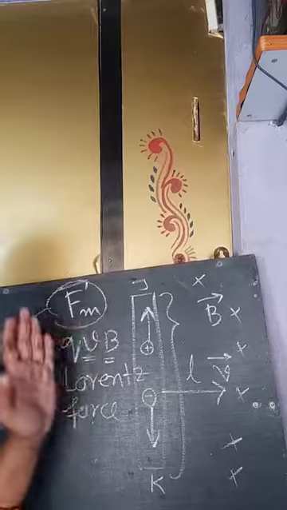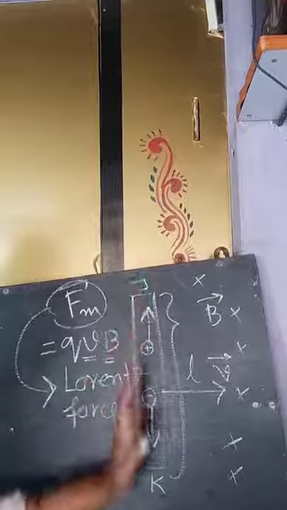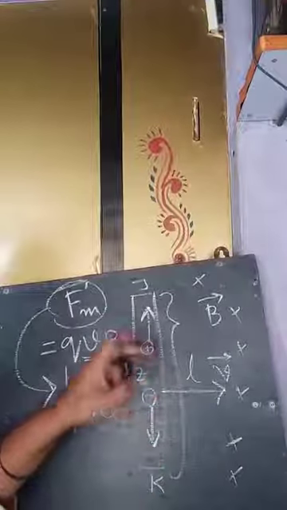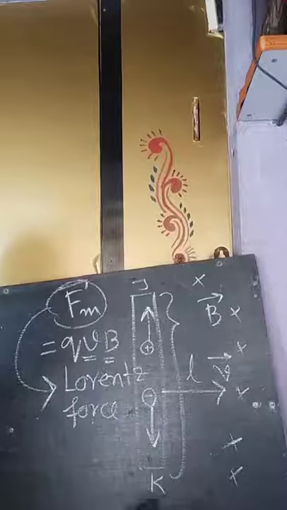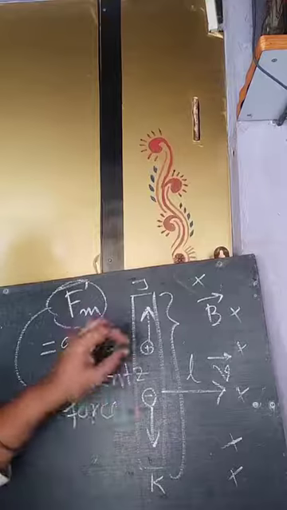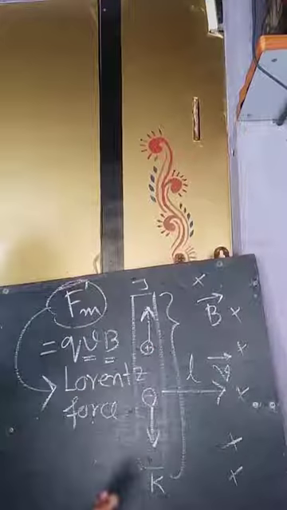Since only the electrons are free to move within the rod, as I have considered it as a conductor, they start moving towards the end K of the rod.